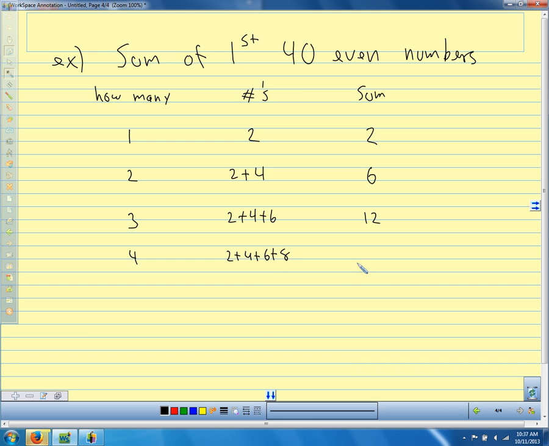And when I add that together, I'm just adding 8 to this one. So I get 20. I'll do a couple more. 5: 2 plus 4 plus 6 plus 8 plus 10. So I'm just adding 10 to that one. And then 6: 2 plus 4 plus 6 plus 8 plus 10 plus 12, and I get 42.